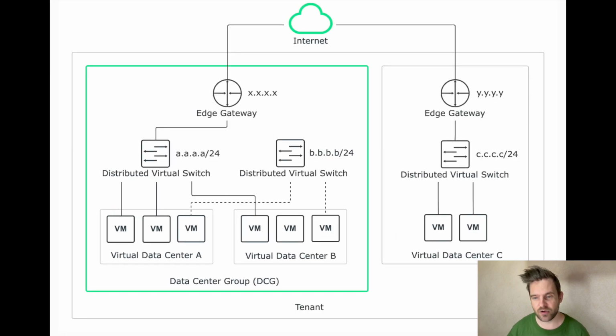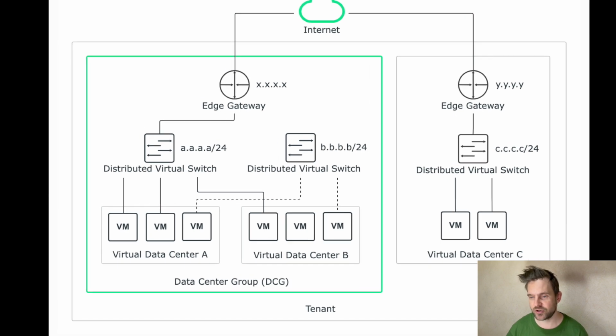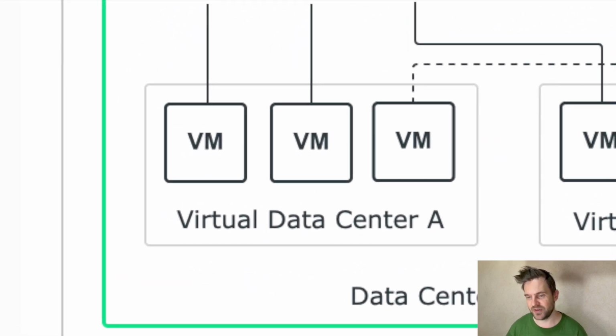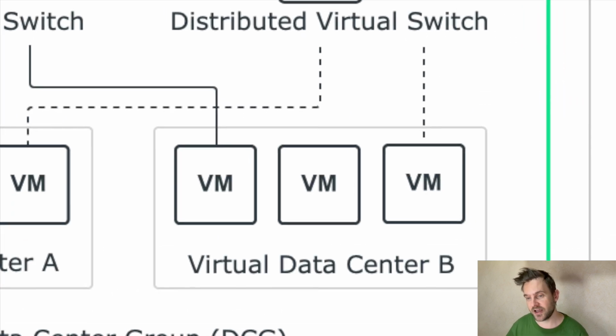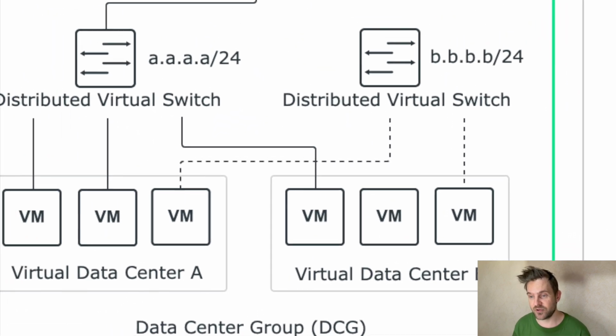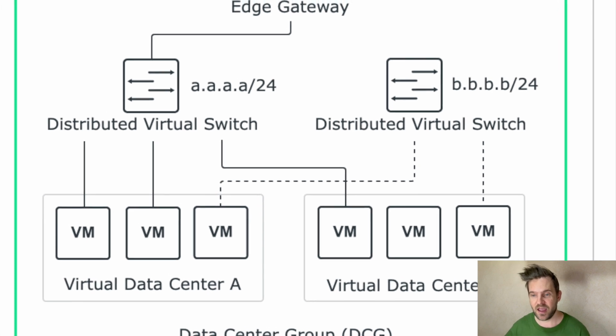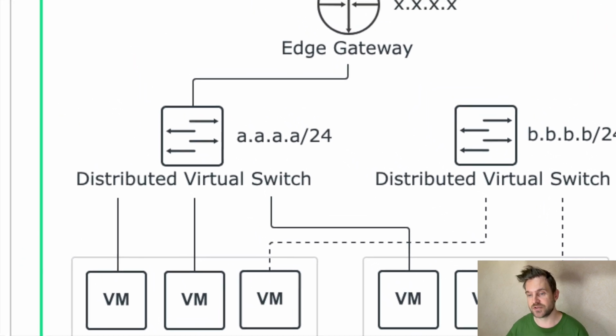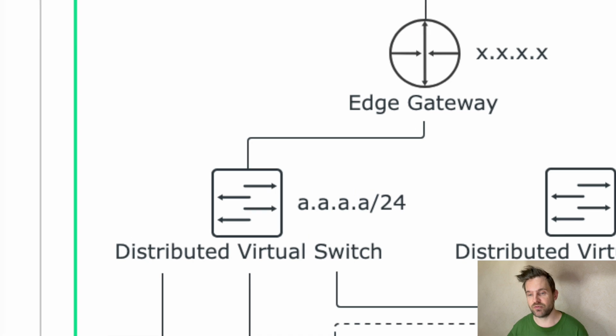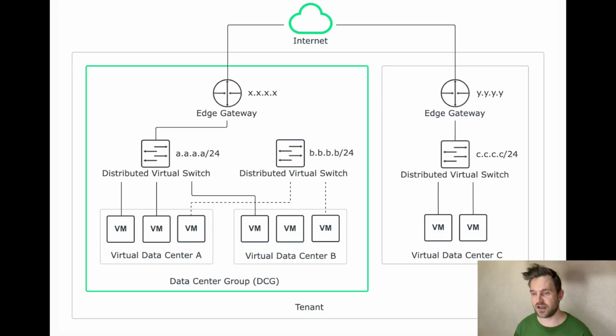We have three VMs in each of virtual data centers A and B, connected to different distributed virtual switches, and one of the distributed virtual switches is connected to the edge gateway. So a distributed virtual switch is kind of a segment, and this segment could be isolated or routed. Routed means connected to the edge gateway.